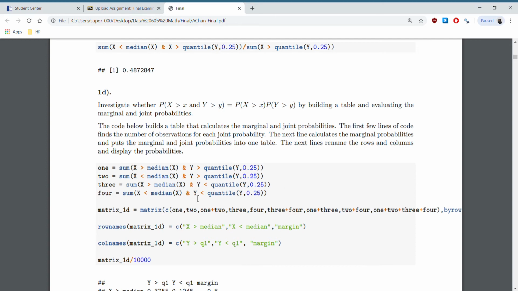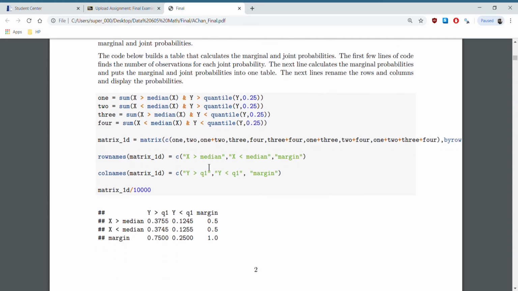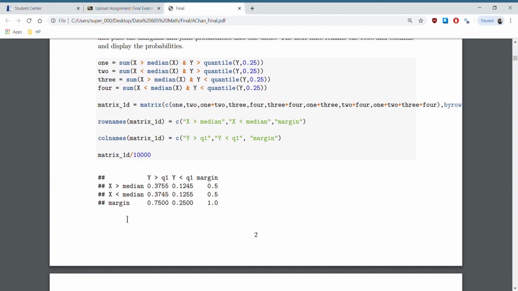The first lines of code here find the number of observations for each joint probability, and then the next few lines calculate the marginal probabilities by just adding them together. So right here we could see that, and then I would just label their names and then put them into a table right here. So x is greater than the median and y is greater than the first quartile. It'll have this percentage of all the simulated values that satisfy those requirements, and then also the margins as well.